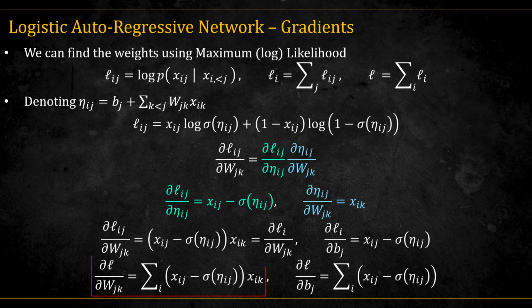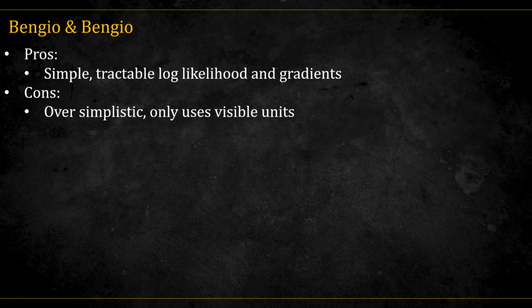To obtain the full gradient, we sum over the entire dataset. Similarly, we can calculate the bias derivatives. Using the gradients, we can do gradient descent and maximize the log likelihood, or we can use other algorithms. The major benefit of this model is its simplicity. The drawback is that it's too simple, as without hidden units, it cannot capture more compound structures.